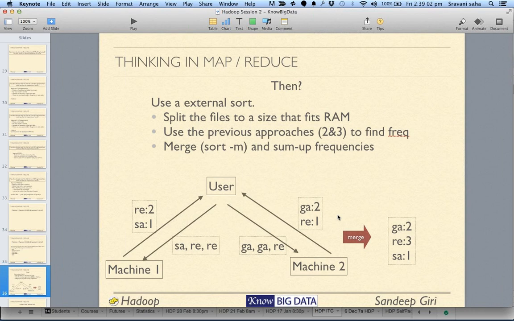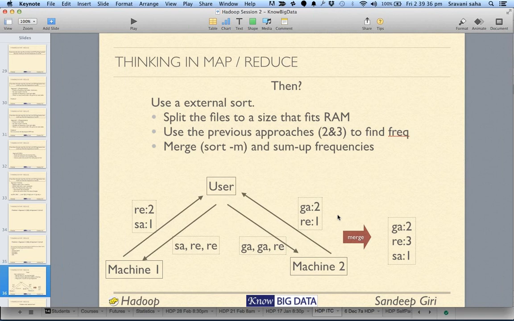All you did was take your input data and divide it randomly into two portions, or if you have 5 machines, into 5 portions, and give the first portion to the first machine, the second portion to the second, and apply approach number 2 and approach number 3, which we just explained. You used that approach to compute the frequency on each machine for each portion of the data.